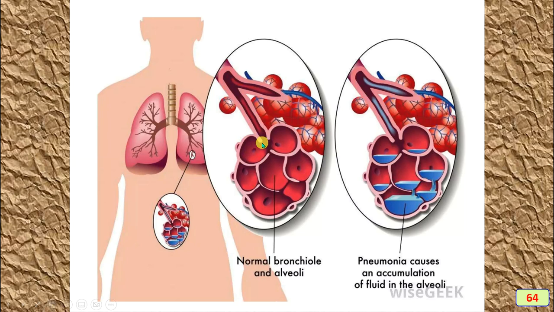The air flows inside, and the alveoli are surrounded by smaller capillaries, which contain the impure blood.